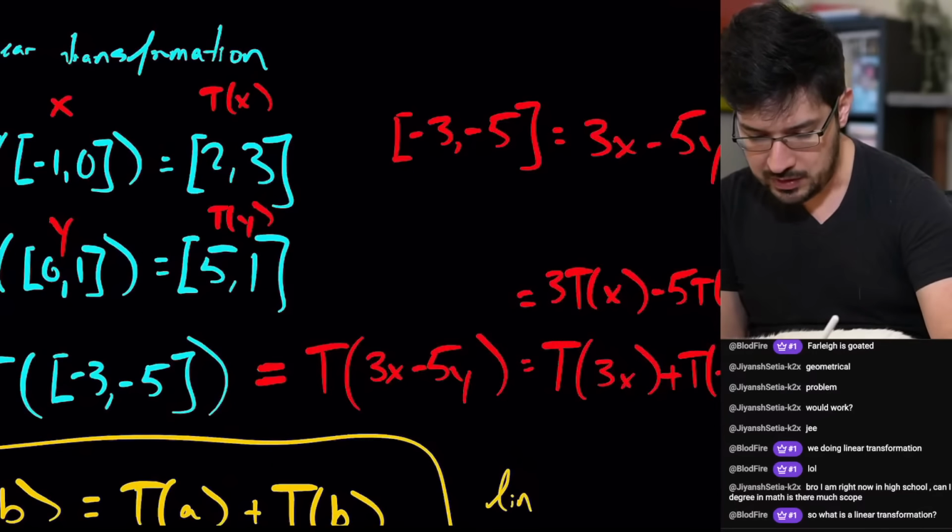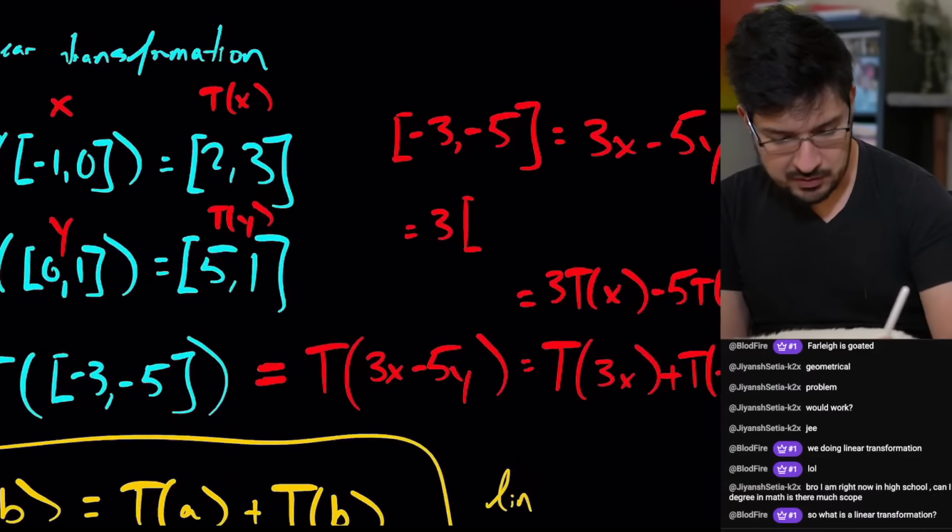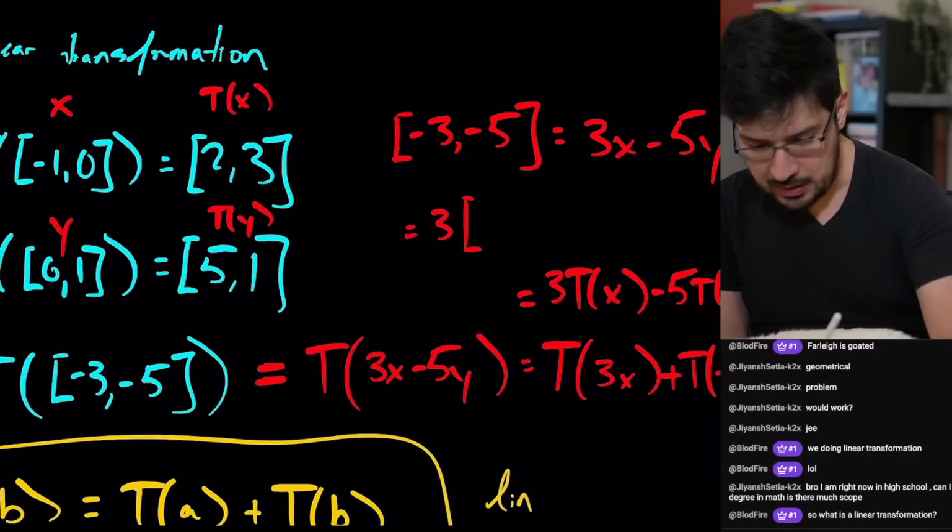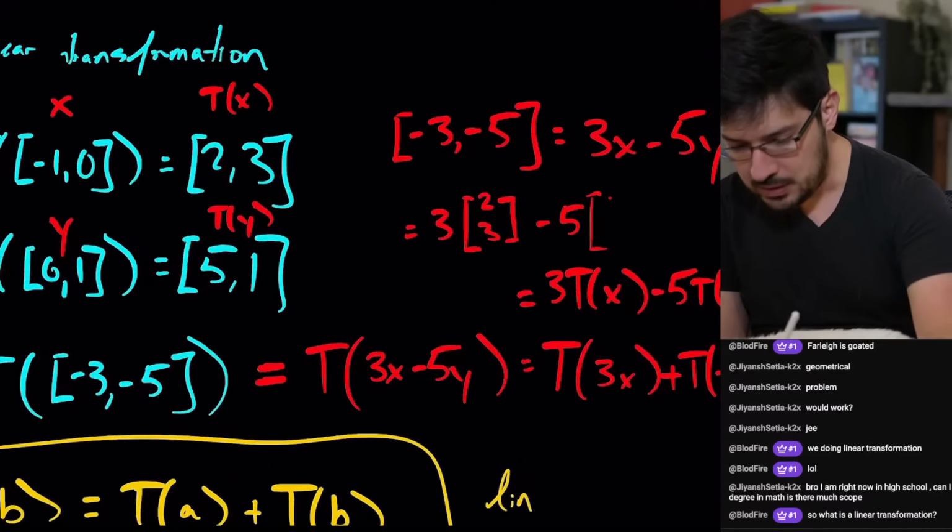I'm really running out of space, but maybe I'll write them as column vectors so it takes less space. 3 times (2, 3) minus 5 times (5, 1).